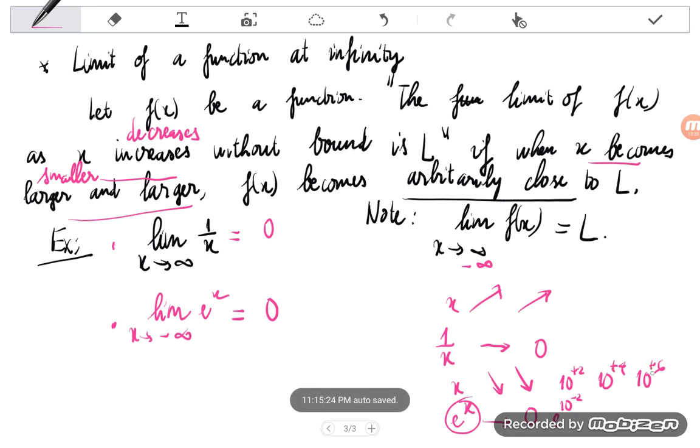You can use minus 10 to the power 2, minus 10 to the power 4, minus 10 to the power 6, and you can check the value of the exponential function at these values, and you can see that when x becomes smaller and smaller, the values of the exponential function become closer and closer to 0. Okay, so we have this limit is 0.